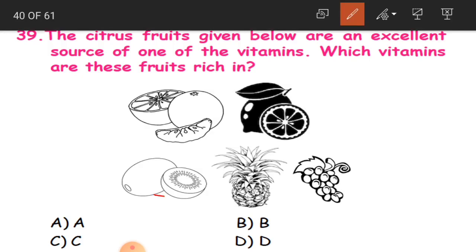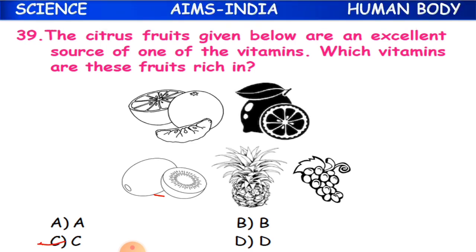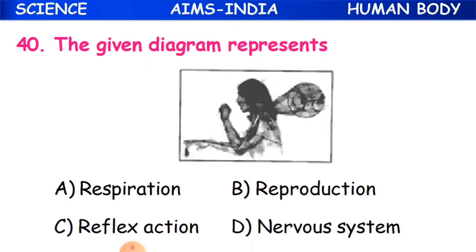So this is rich in vitamin C. C option is the correct answer. Clear children? So that we can get rid of scurvy disease. If you take a good amount of vitamin C, you will not get the scurvy disease.